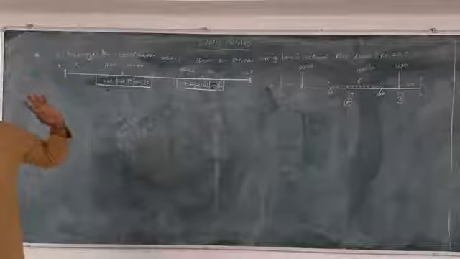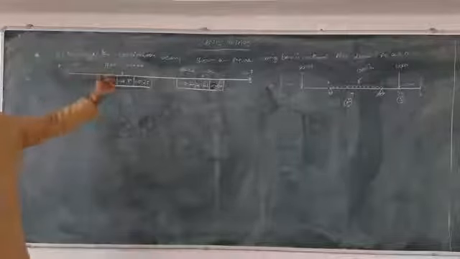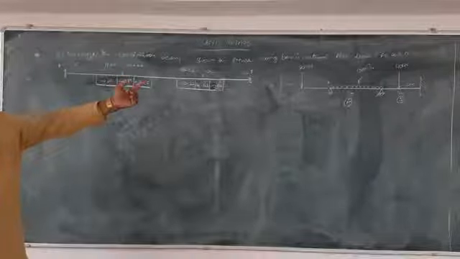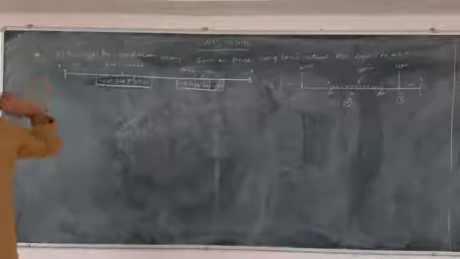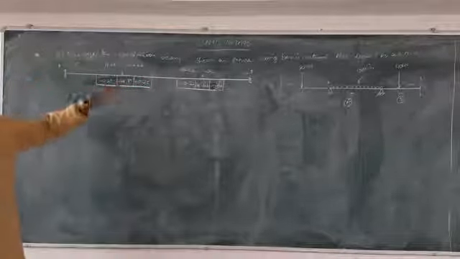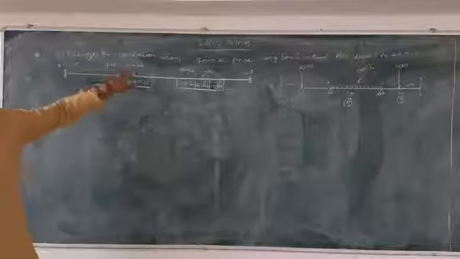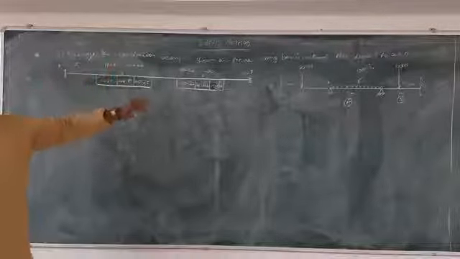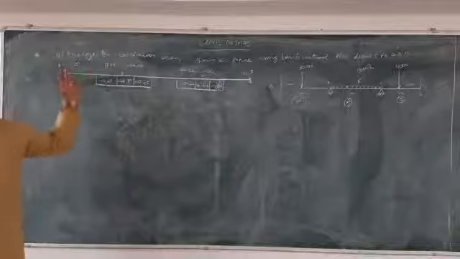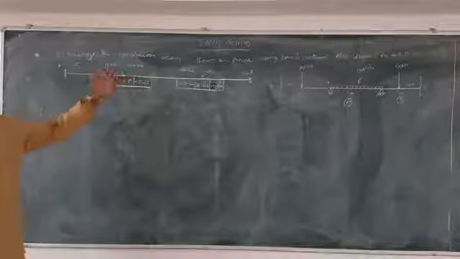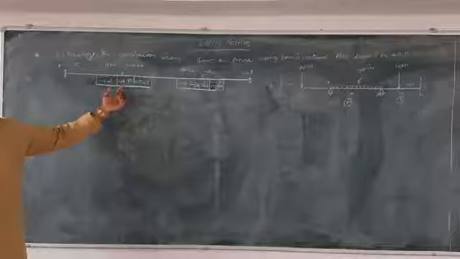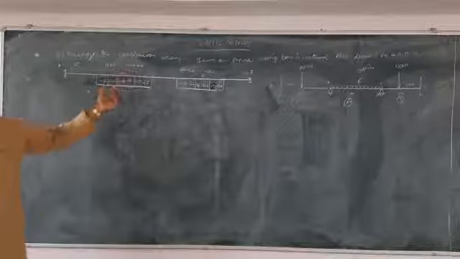What we have done so far? We have written all the fixed end moments. Then after that, rotation factors for all the respective members. Then, since we have two moments at the joint, BA and BC fixed end moments, we have added them. If both are minus, the sum is minus.